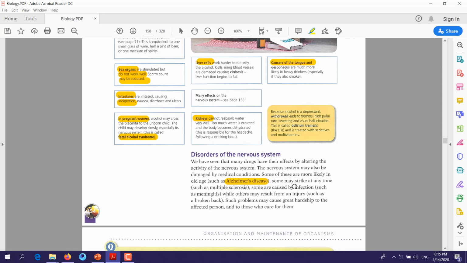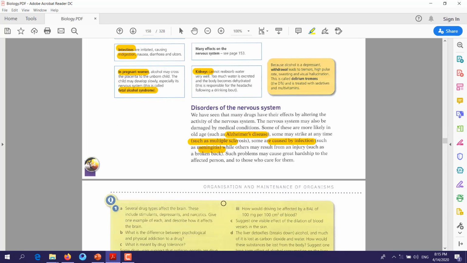Some may strike at any age, such as multiple sclerosis. Some are caused by infections, as meningitis. So here are some examples of disorders that affect the nervous system. Again, some of these disorders come from diseases, others come from other sources.